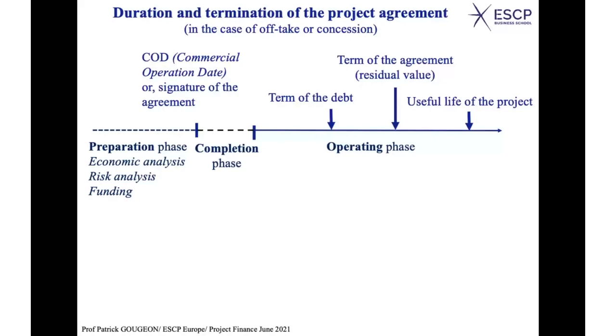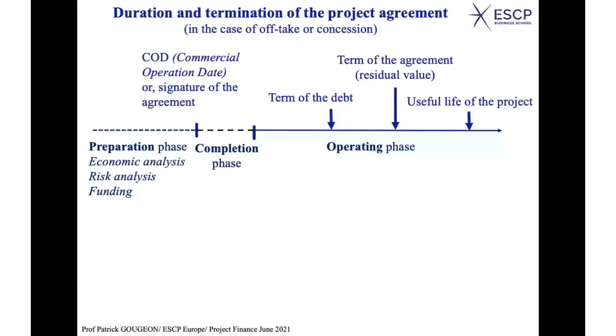Another date which is important is the term of the agreement. For instance, if you have a BOT, which is a build, operate, transfer, which means that the project company will be in charge of building the facilities, the infrastructure, to operate it, let's say during 20 years, and maybe the useful life of the project will be 30 years.